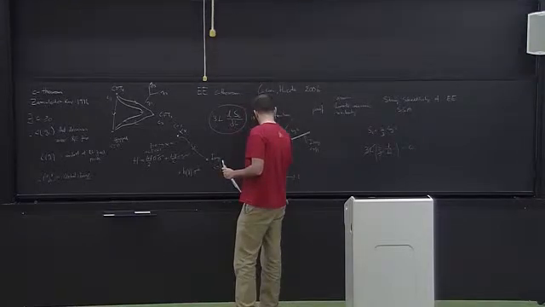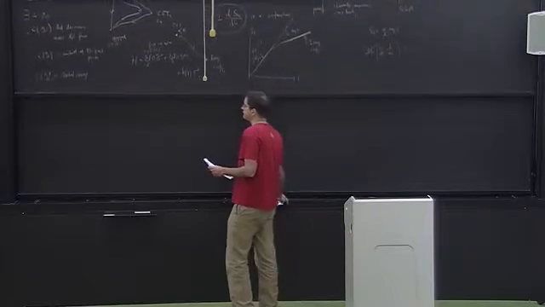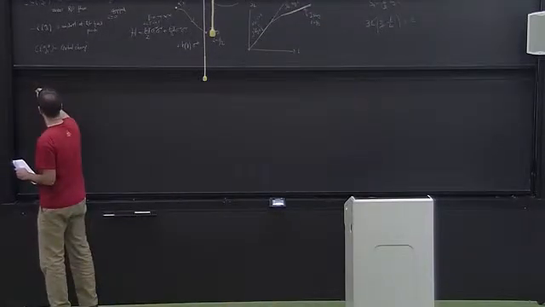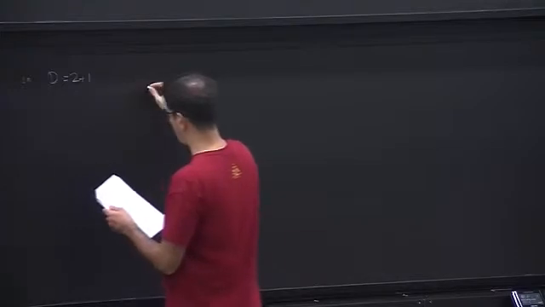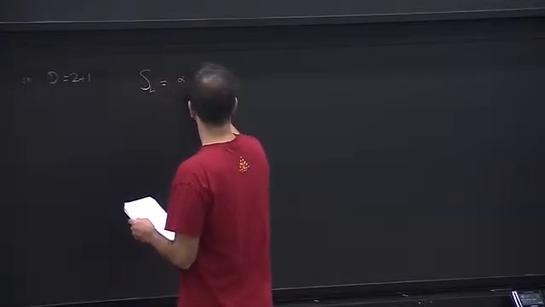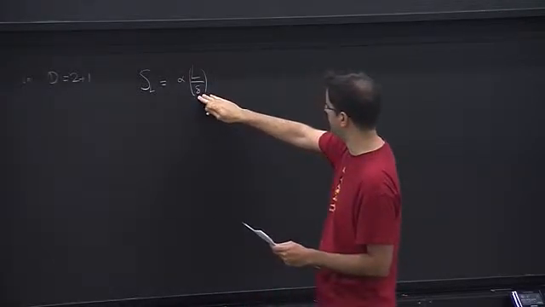So let me briefly also talk then about higher dimensions. So in D equal to 2+1, what we have is that the area law says that this should scale as, I'm doing this just for field theories or for lattices.